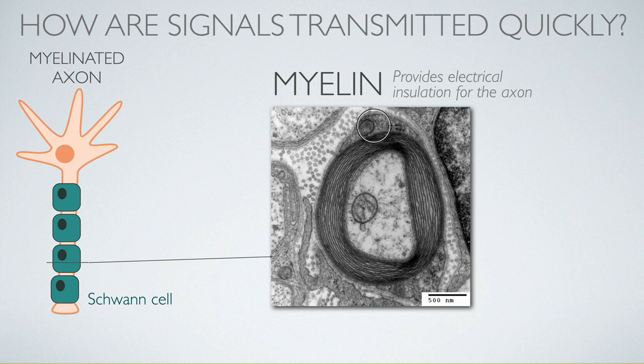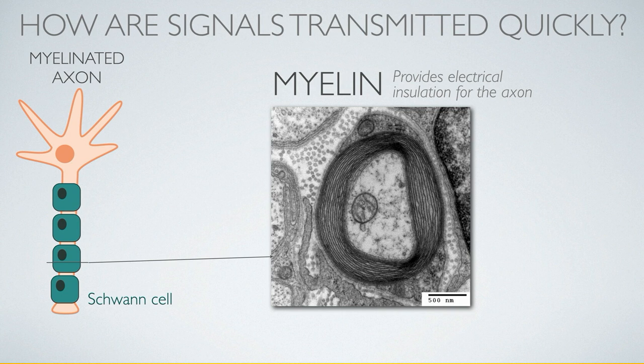So I think this is the nucleus for that Schwann cell, and the cell membrane is just wrapped around and around and around the axon. It's just using the insulating properties of the cell membrane, and by wrapping it over and over again, it creates a thick insulating barrier. So myelin provides electrical insulation for an axon. A myelinated axon is one that has these cells that provide insulation.